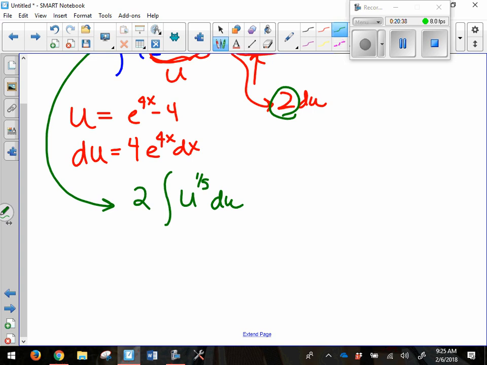I hear you. All right, so I'm going to keep my 2 out here. What's the antiderivative of u to the 1/5? Well, divided by 6/5. I have to divide by the whole new exponent. Okay. And what did I forget? Plus c.